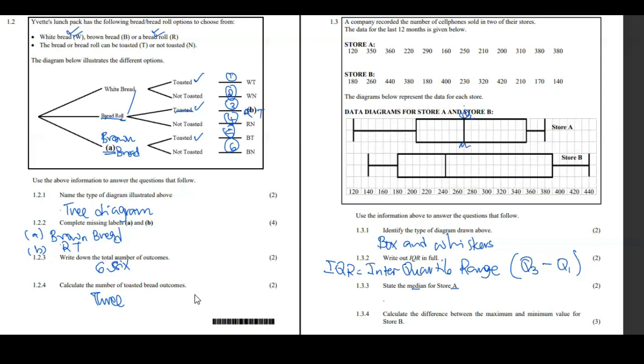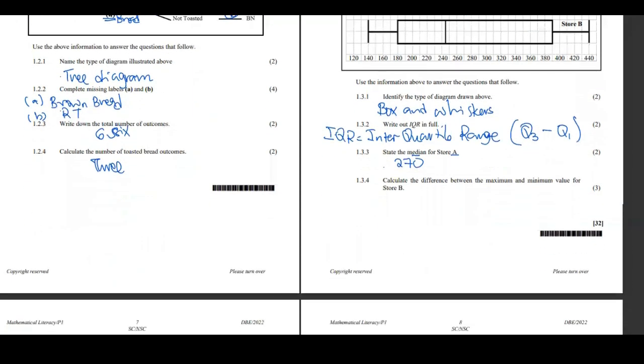When you take a clear look at this line, it's in between 260 and 280. So the number which is supposed to be in between is 270. So that's the median for store A.